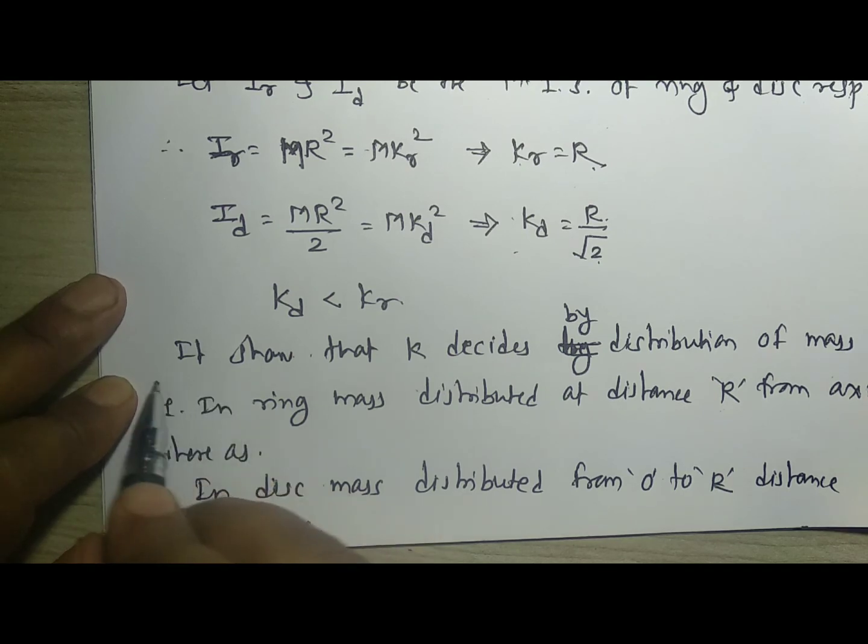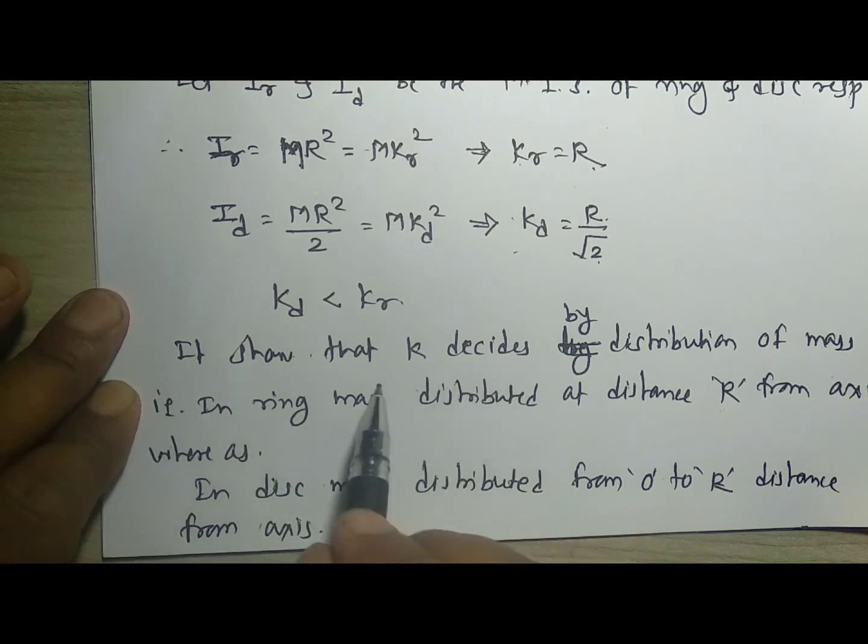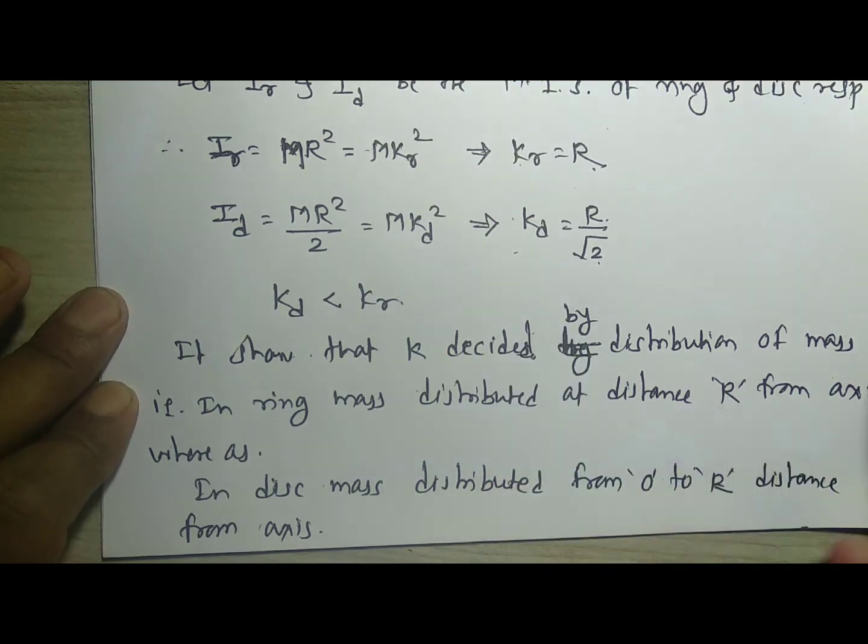Therefore it shows that k is decided by the distribution of mass.